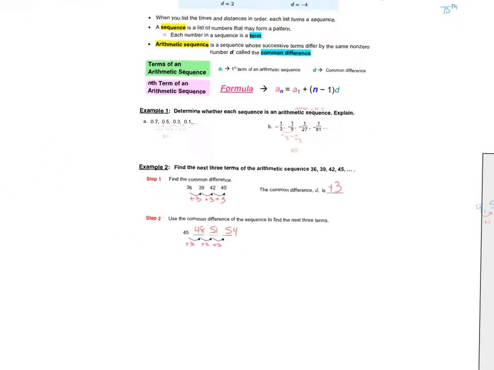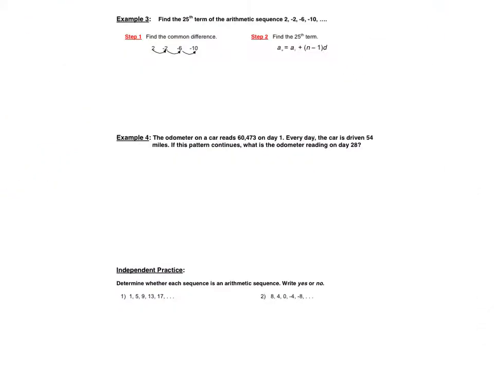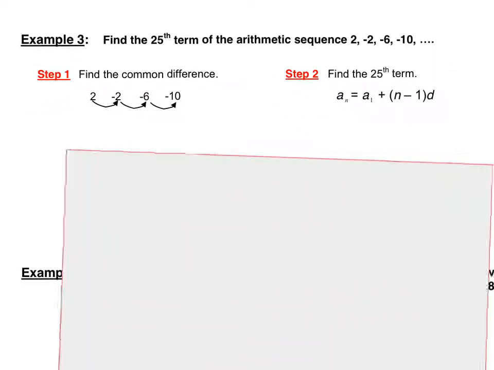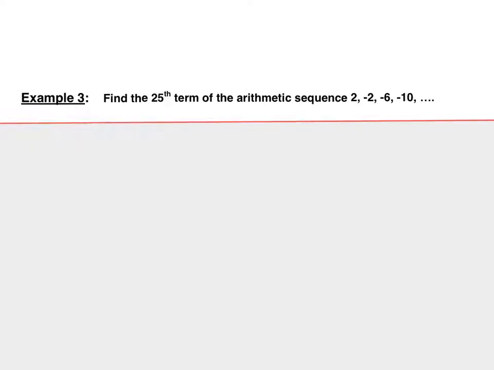If, however, they ask you something like this, if I'm asking you to find the 25th term, granted, yeah, you could, if you wanted to, write down all 25 terms, but that would take you a really long time.